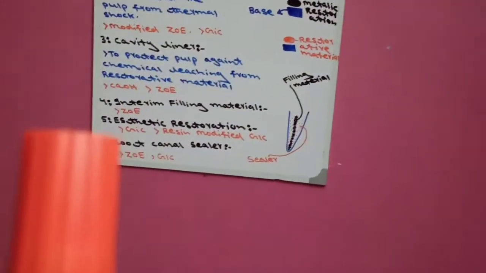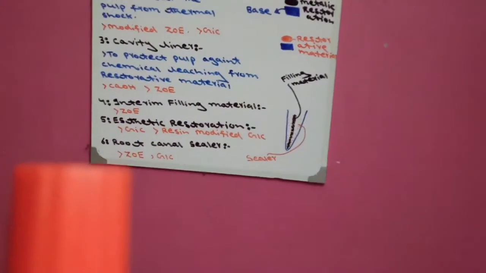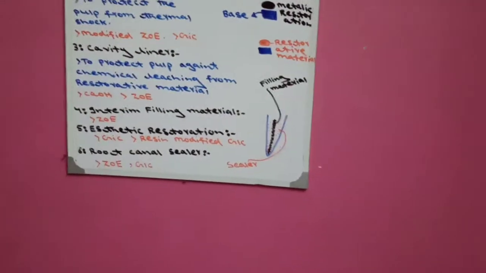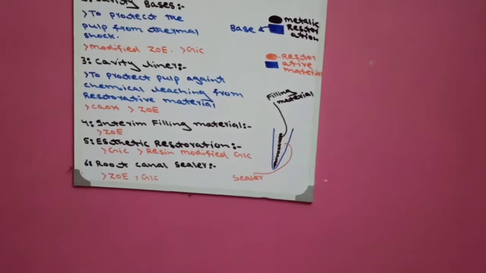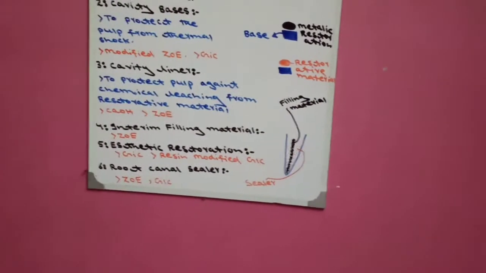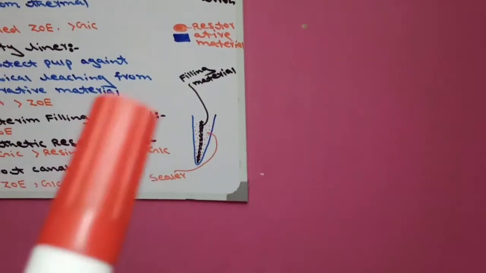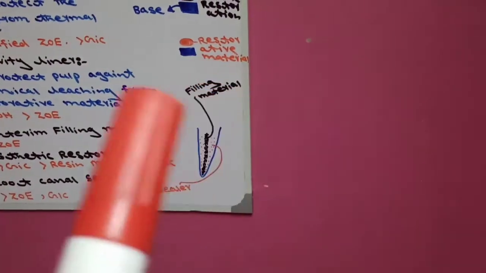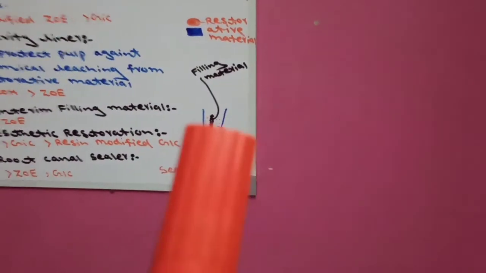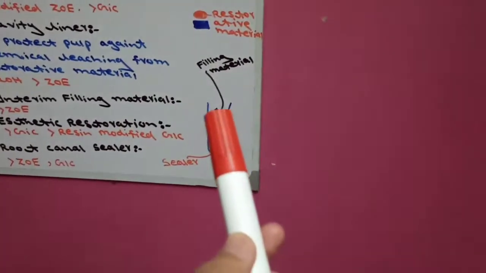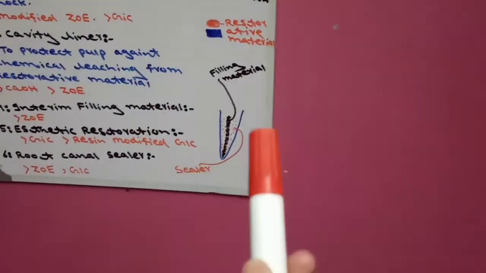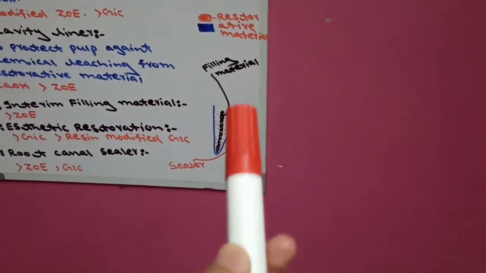Now come to the sixth use. The sixth use is root canal filler. We use dental cement as a root canal filler. What is the function of a root canal filler? This is the root canal and we fill the root canal with a filling material. Between the filling material and the root canal wall there is a space.